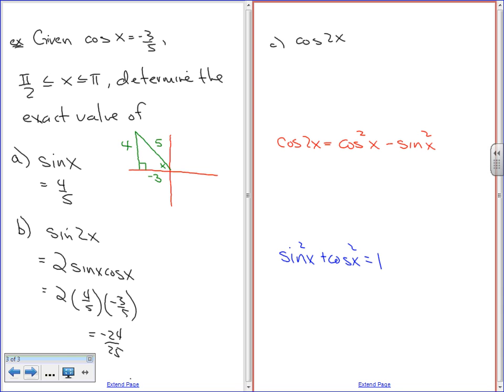And then I can figure out what sine x squared is or cos x squared by just rearranging this. So the cosine of x squared is equal to 1 minus the sine of x squared. For those of you on unit 14, right, these identities. And then the sine of x squared is equal to 1 minus the cos of x squared. So this identity is very important. You learned that back in grade 11.